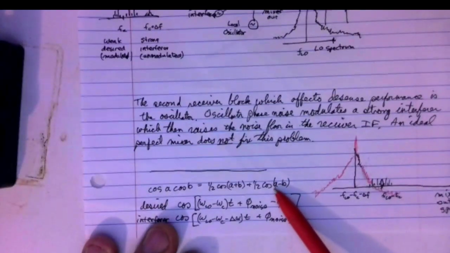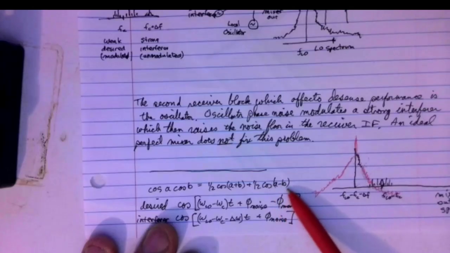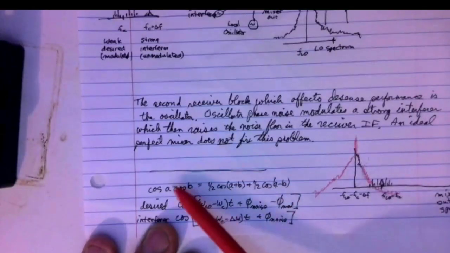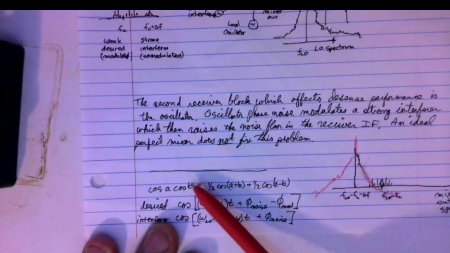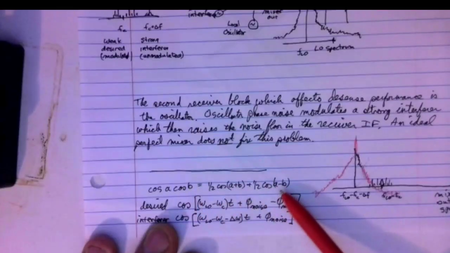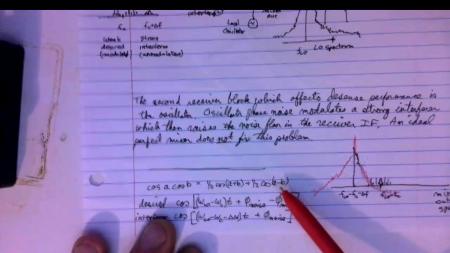Notice that inside these parentheses here is A minus B. That's everything that's in the argument of this cosine, and everything that's in the argument of the second cosine ends up inside this parenthesis here.